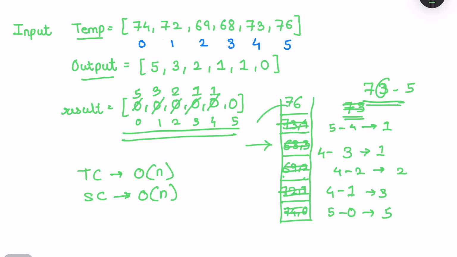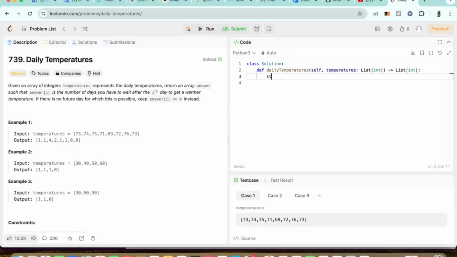Now let's try to code it. I'll declare the stack, then the result array, which should be the same length as the temperatures. Now we'll iterate over the temperatures array.